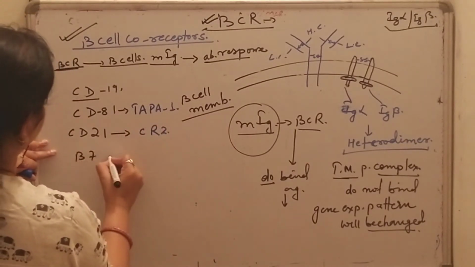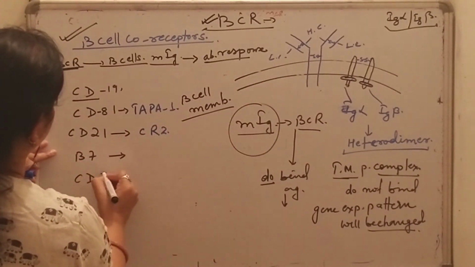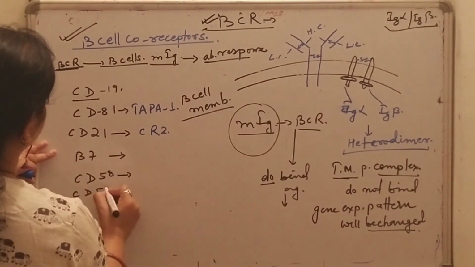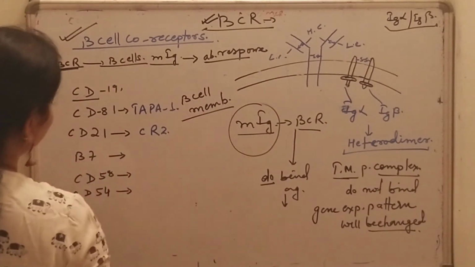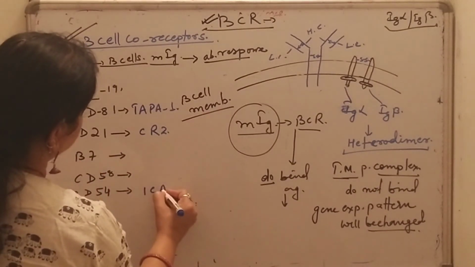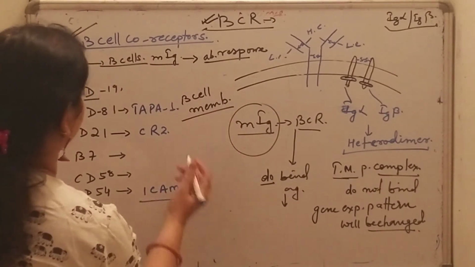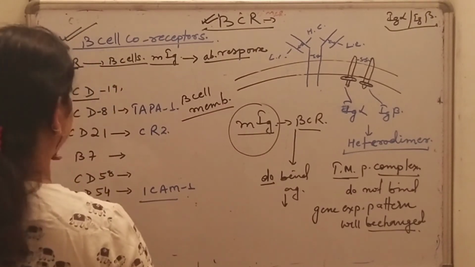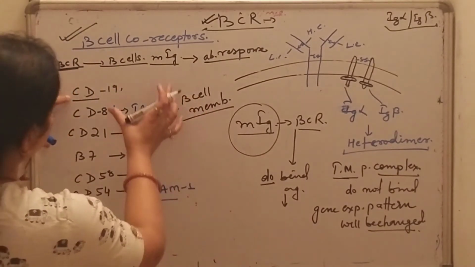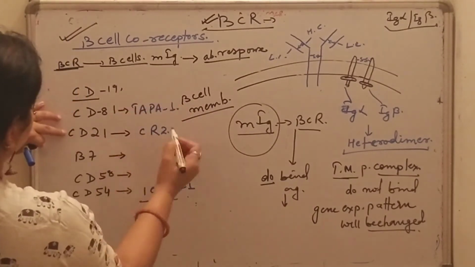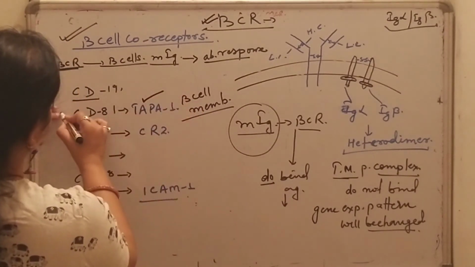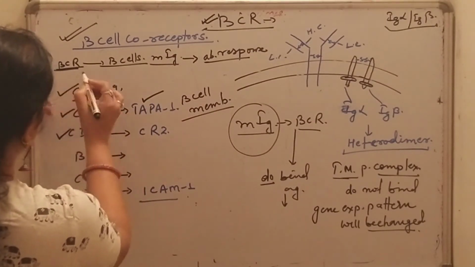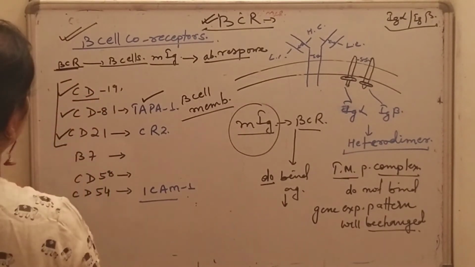This B7 membrane molecule, CD58 molecule, CD54 molecule, which is also known as ICAM, intercellular cell adhesion molecule one. So these all are also present on the B cell membrane, but especially TAPA1, that is CD81, and CD21 along with CD19, these three act as co-receptors.